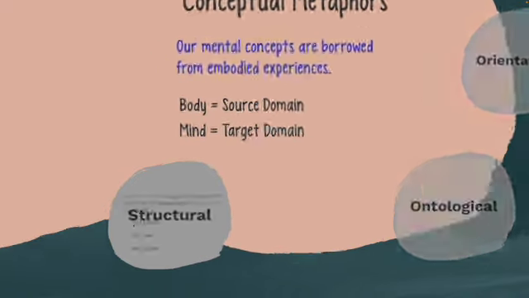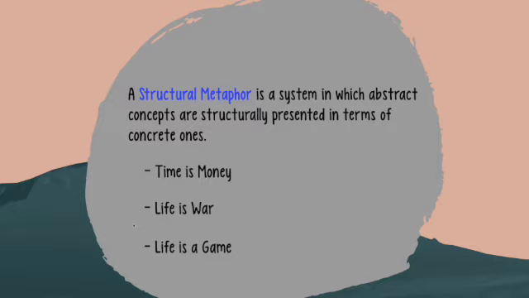This would be interesting on top of that. A structural metaphor allows for the actual borrowing of the structure inside one domain into the other. So when you hear people say time is money, it's because our concept of time actually correlates with the structure for money.